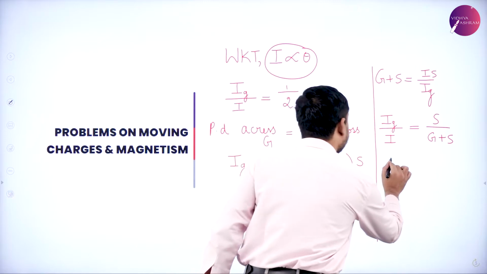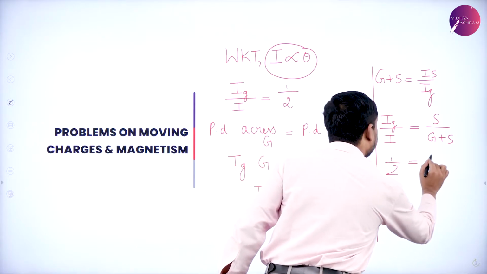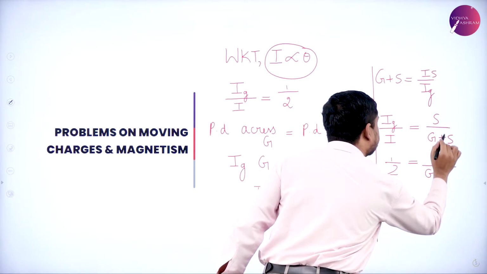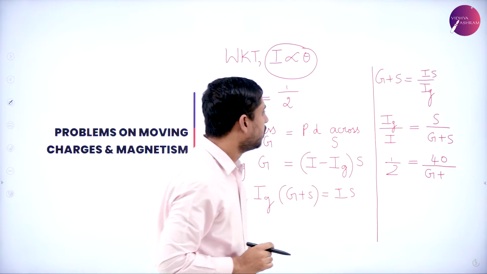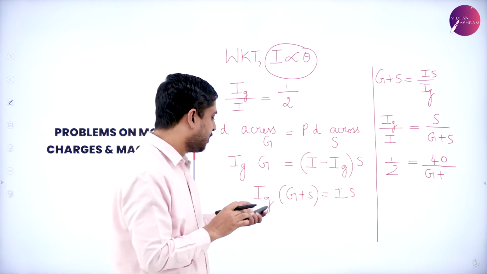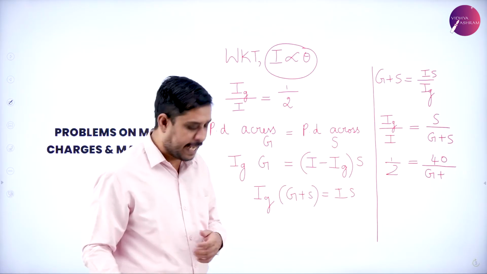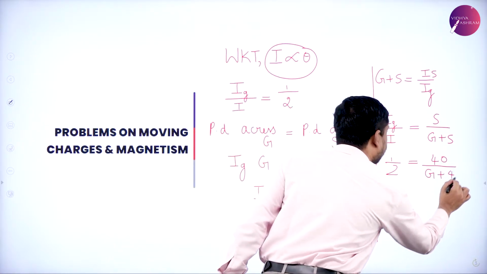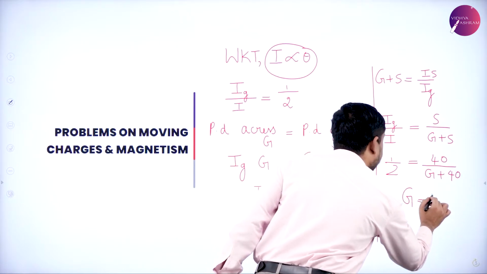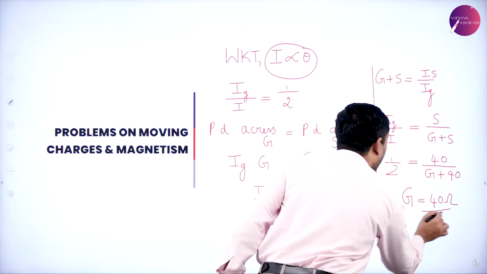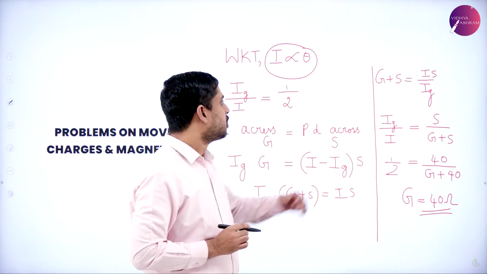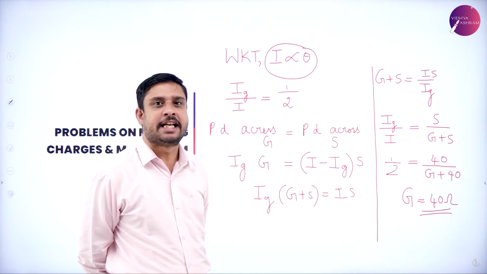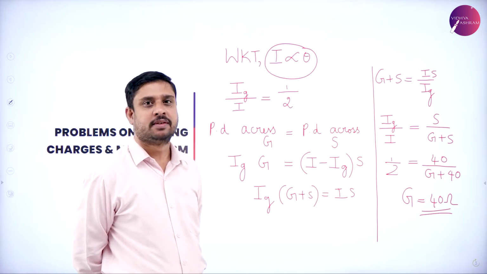Ig by I is half, S is 40, G has to be calculated. G plus 40, so on simplification, G is 40 ohms. So, the resistance of the galvanometer is 40 ohms.